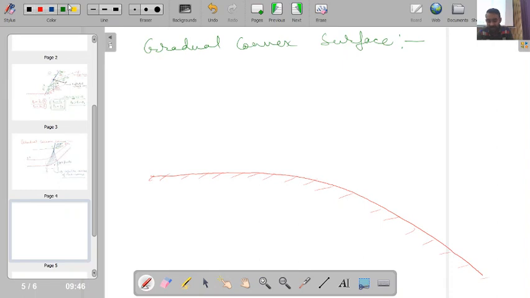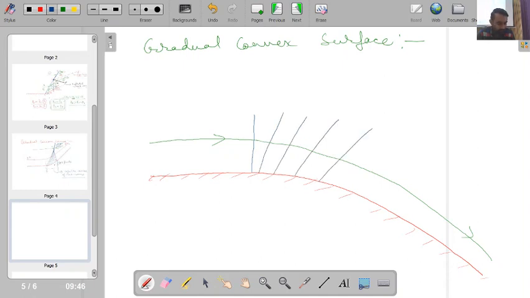So ultimately I know that my flow streamline will also be parallel to the surface and moves in a continuous manner. Okay, so I can say that over this surface I have nothing but formation of multiple Mach waves. And now the flow becomes parallel to this particular direction.